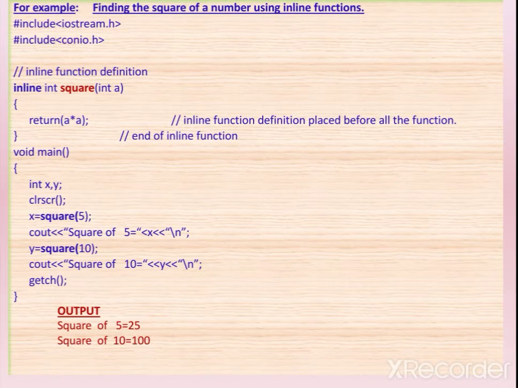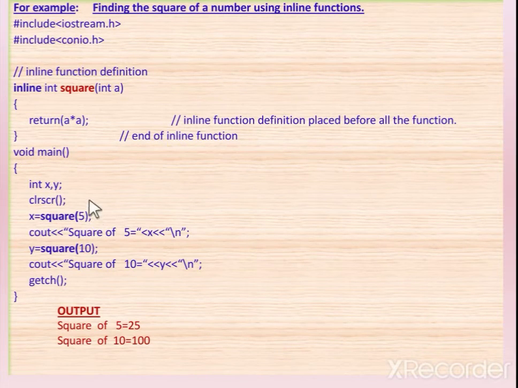These two are ordinary variables, x and y. To variable x, how am I getting the value? See in the statement x equal to square of 5, I am calling the square function with one argument, that is 5. What is the value of the argument here?